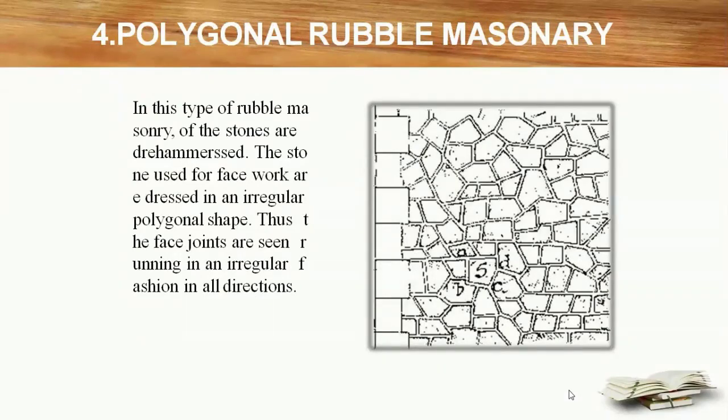So next is the polygonal rubble masonry, which is a type of miscellaneous masonry. In the case of polygonal walling, hammer finished stones are arranged to give a polygonal shape to the face. Such work can be carried out by a skilled mason.